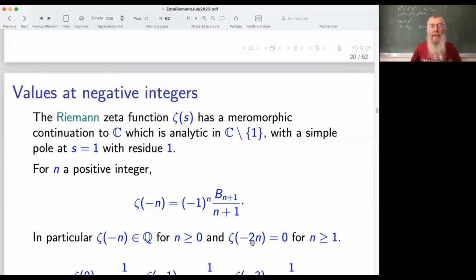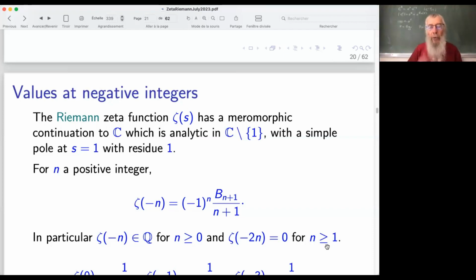So I mentioned yesterday the trivial zeros of the Riemann zeta function and the non-trivial zeros. The trivial zeros are the s such that zeta of s is 0 and s has a real part which is not between 0 and 1. And the trivial zeros are the -2n for n greater than or equal to 1.